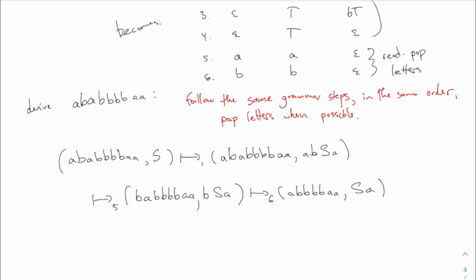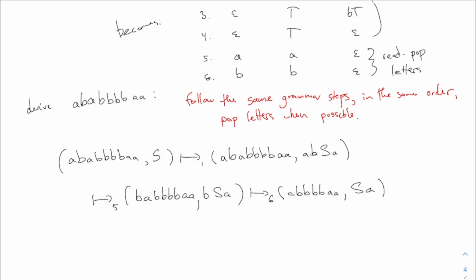The way that the stack works is sort of opposite to the way the grammar works. The grammar works by starting with S and nothing else and building the string out of nothing. The stack machine works in the other way: it starts with the entire string and gradually eats up the letters until you end up with nothing at the end.